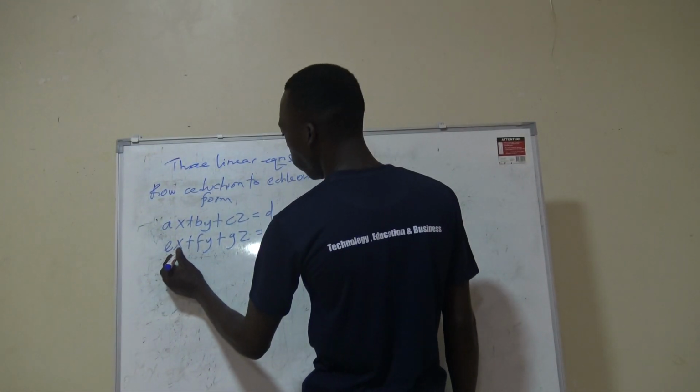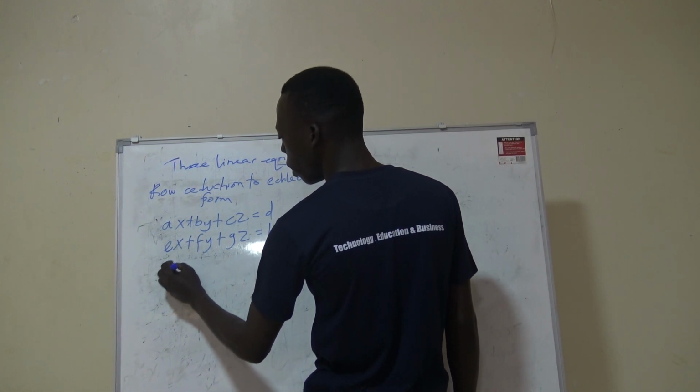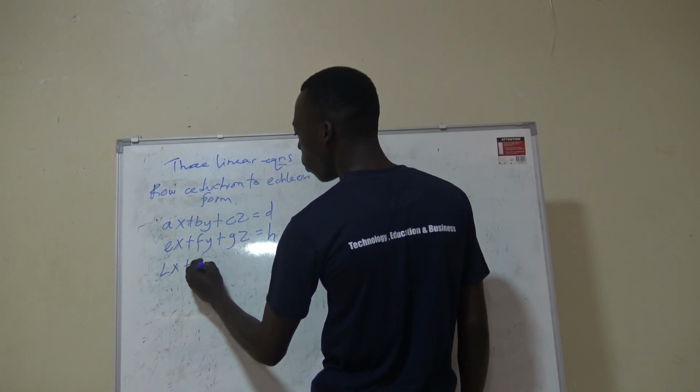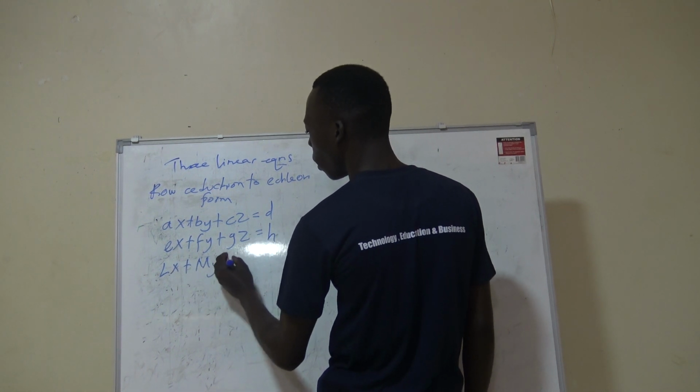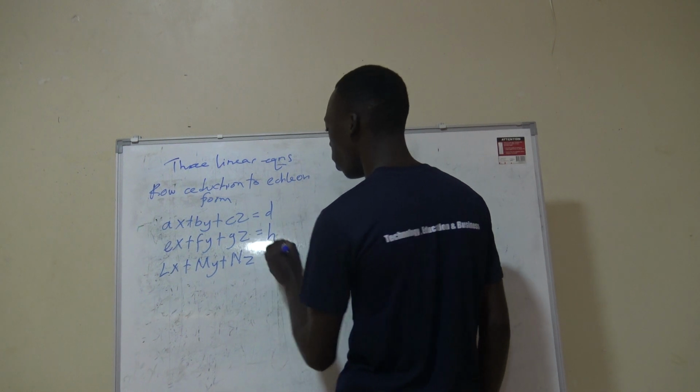Then the other one must be lx plus my plus nz equals p.